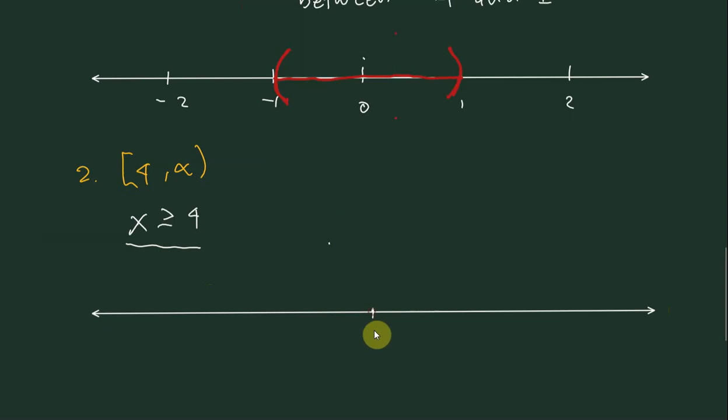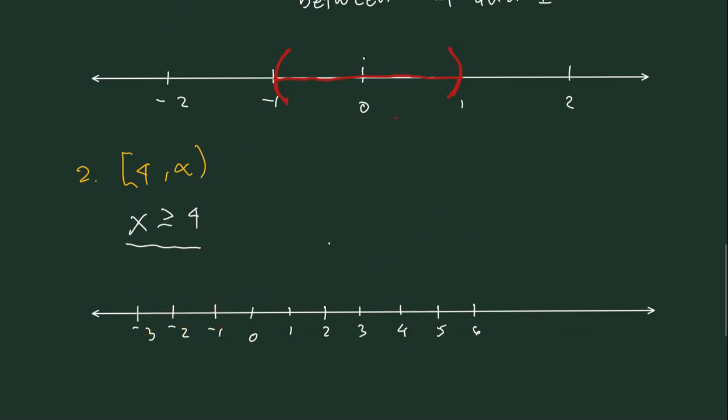Let's move 0 here. Okay, 0, 1, 2, 3, 4, 5, 6, and so on, and -2, -3.